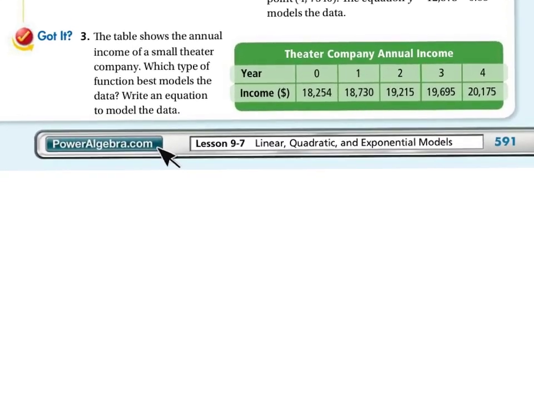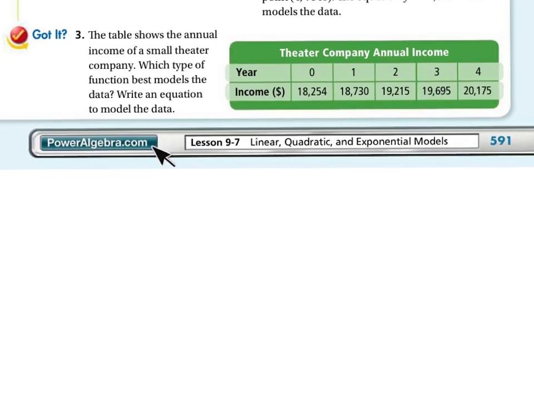So if you look at this one, they've got annual incomes for a small theater company. Which type of function best models the data? So rather than graphing these, I'm just going to look at these numbers and say that they're not really changing a whole lot from year to year.